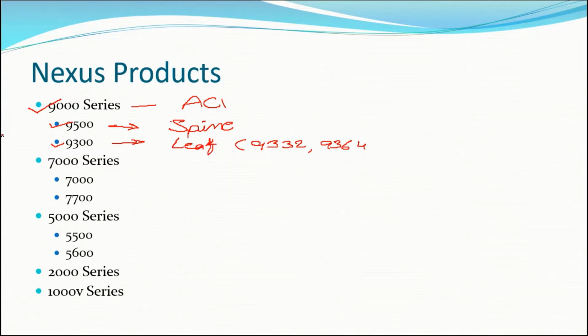These two switches, 9332 and 9364, are exceptions with respect to leaf. These two switches are called baby spine. These baby spine switches are used for spine purposes. These are small switches.